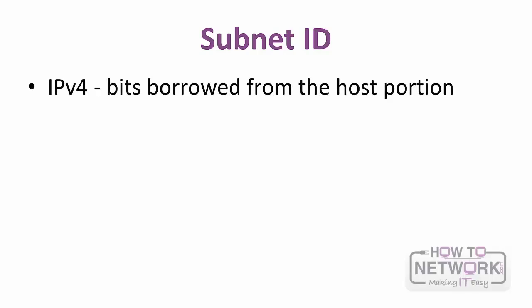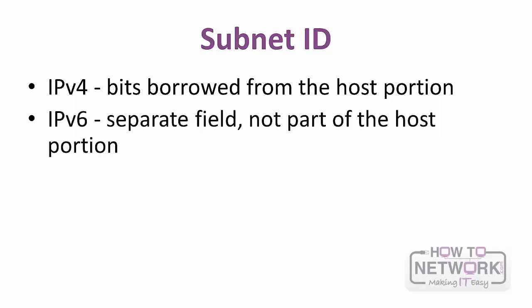A big difference between IPv4 and IPv6 addresses is the location of the subnet portion of the address. In IPv4, bits are borrowed from the host portion of the address to create subnets. In IPv6, the subnet ID is a separate field and not part of the host portion of the address, which is known as the interface ID in IPv6.